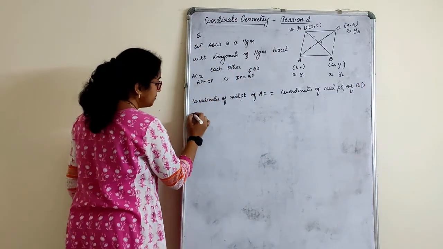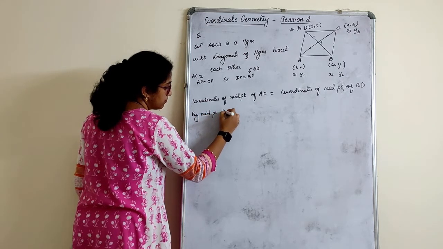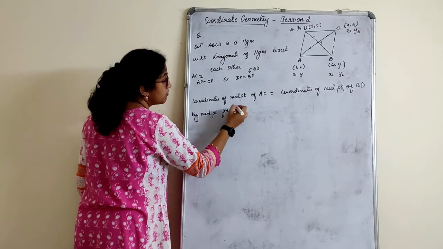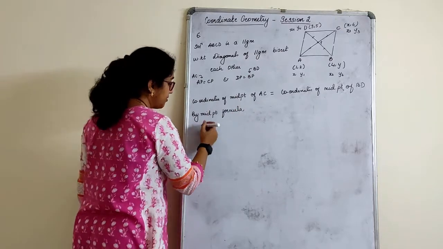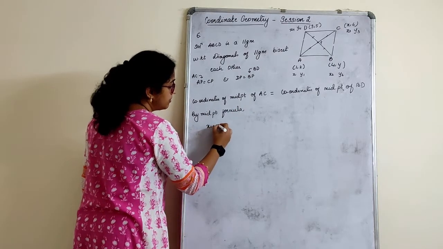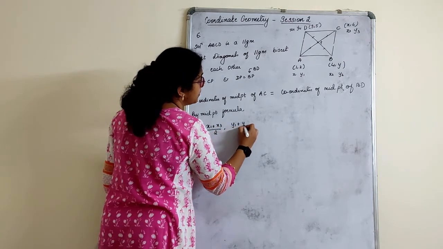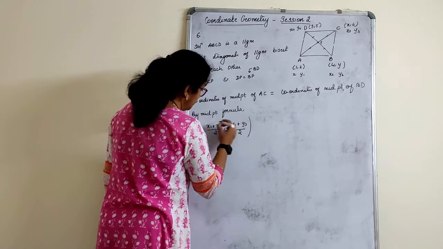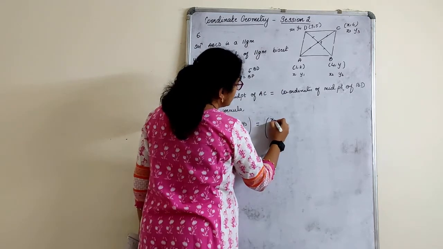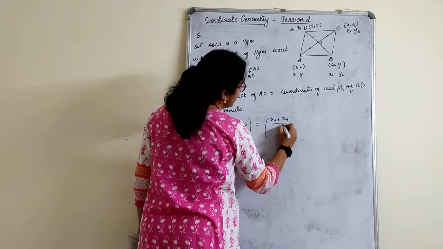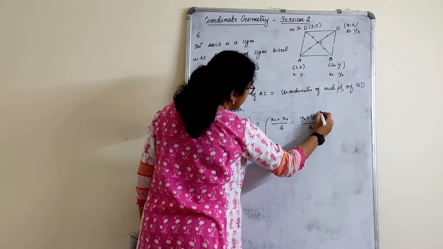Right? By midpoint formula. Midpoint formula for AC, if I apply first, it will divide in the ratio 1:1, children. So what will come here? x1 plus x3 divided by 2, comma, y1 plus y3 divided by 2 is equal to, here coordinates of BD, x2 plus x4 divided by 2, comma, y2 plus y4 divided by 2.